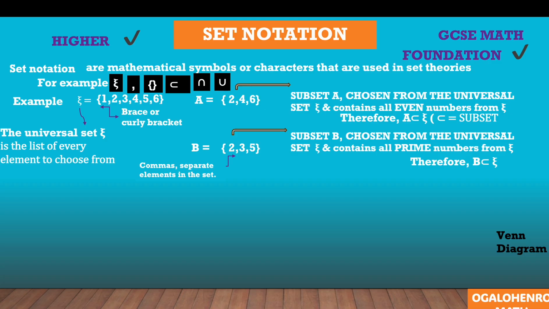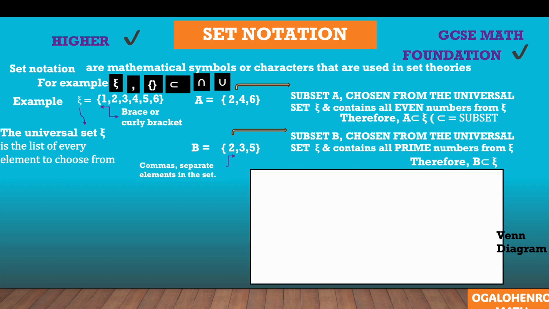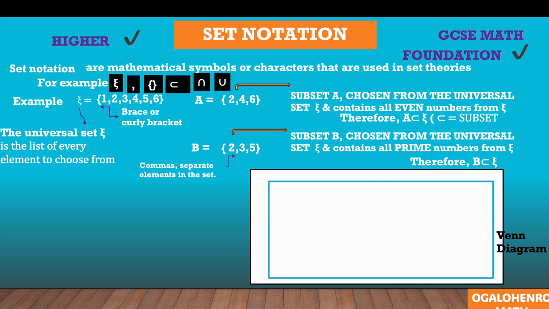Now, how do we draw a Venn diagram? Remember, in our previous lesson, we were told that Venn diagrams are rectangular shapes that contain circles that we use to show elements of sets. So we are going to create a mini whiteboard here, and we are going to draw our rectangle first.